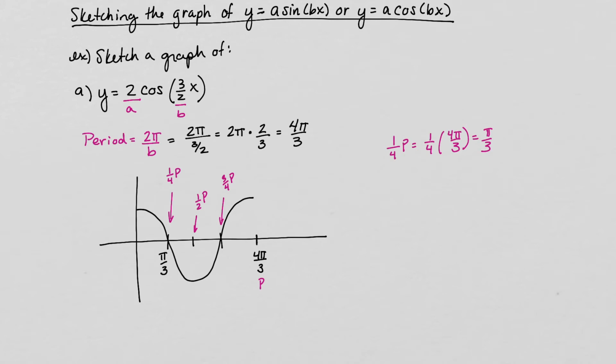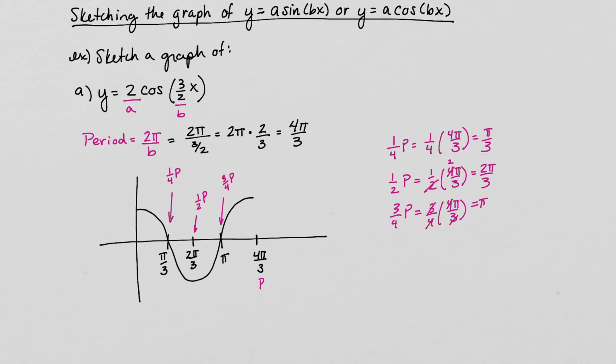The second label is going to be 1/2 P, so 1/2 times 4 pi over 3, or the 2 cancels with the 4 and we get 2 pi over 3. So this slot here is 2 pi over 3. And this last one is going to be 3/4 P. So 3/4 times 4 pi over 3. And the 4's cancel, the 3's cancel, and you're just left with pi.